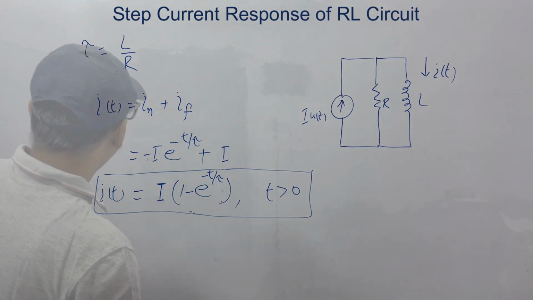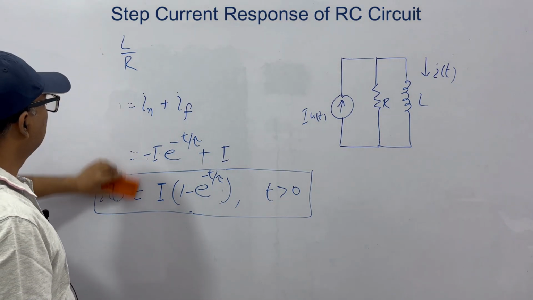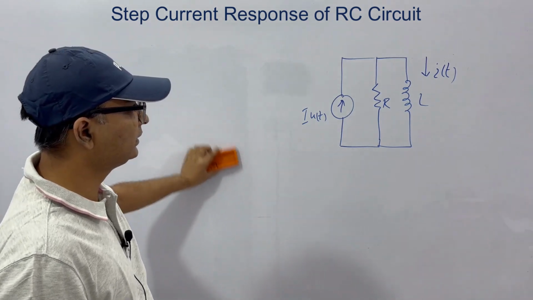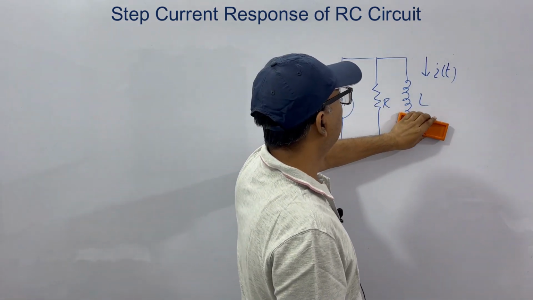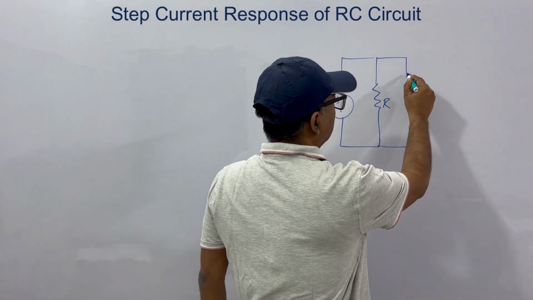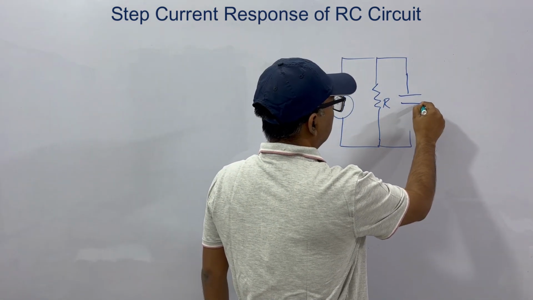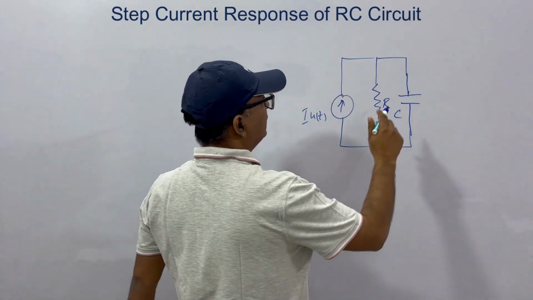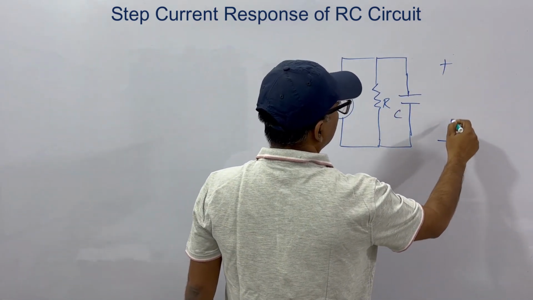Clear? Now let's see the step current response for the RC circuit. This was RL; let's change it to a capacitor. This is our capacitor C. Let's say this voltage is v.